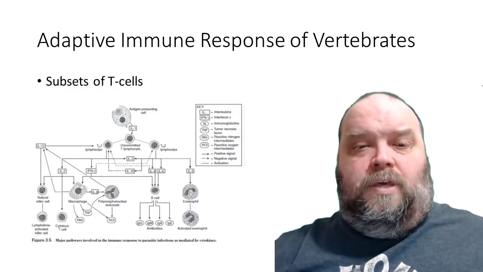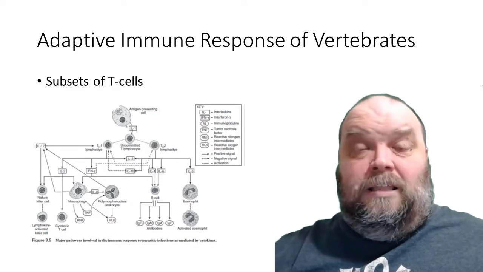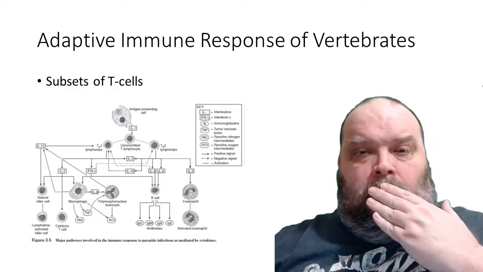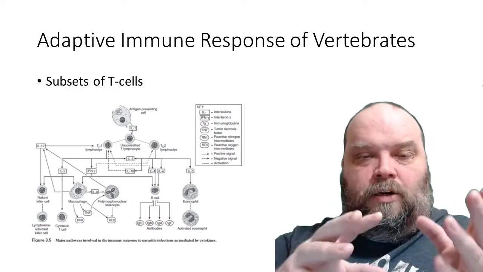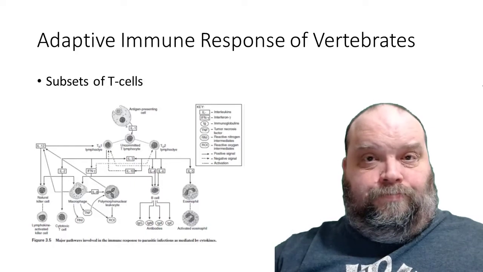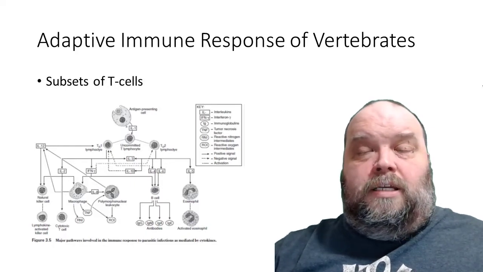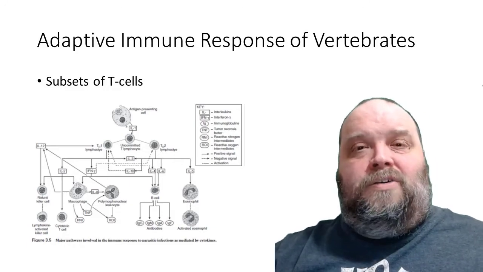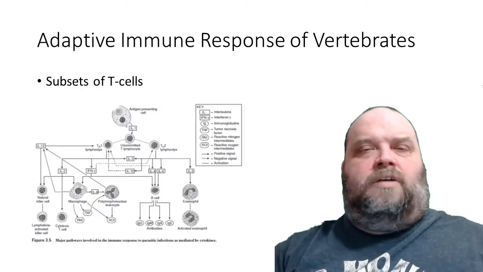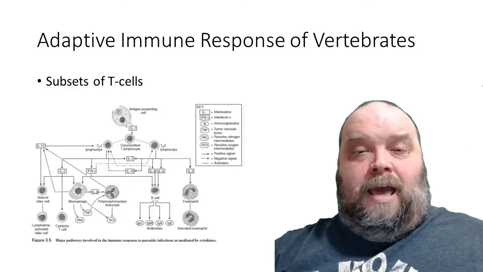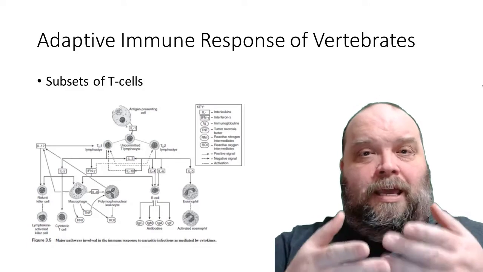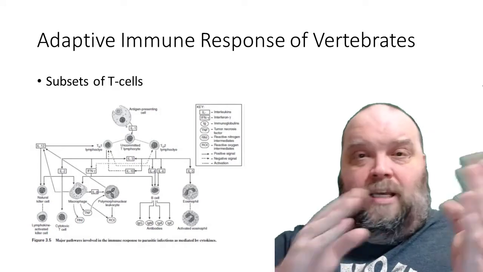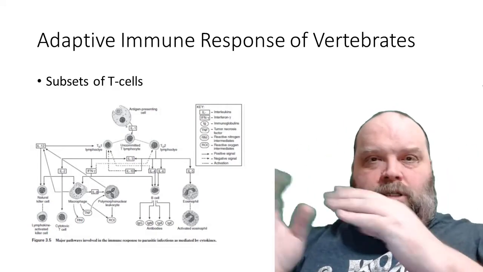We'll start here with the uncommitted T lymphocyte. It's a cell that hasn't quite learned yet what it wants to be. An antigen-presenting cell, APC, could be a macrophage or a dendritic cell, doesn't matter which, comes and interacts with that uncommitted T lymphocyte, which hasn't learned Th1 or Th2 yet.